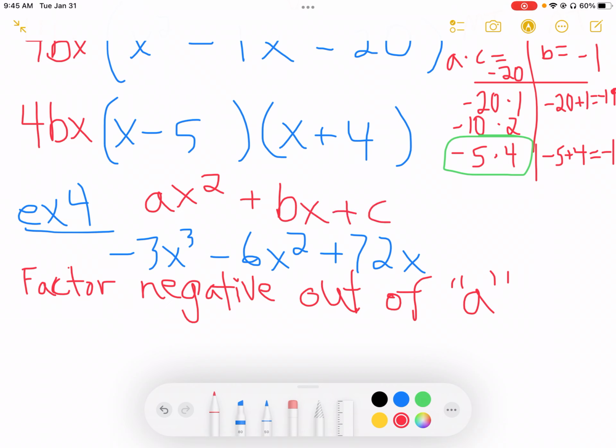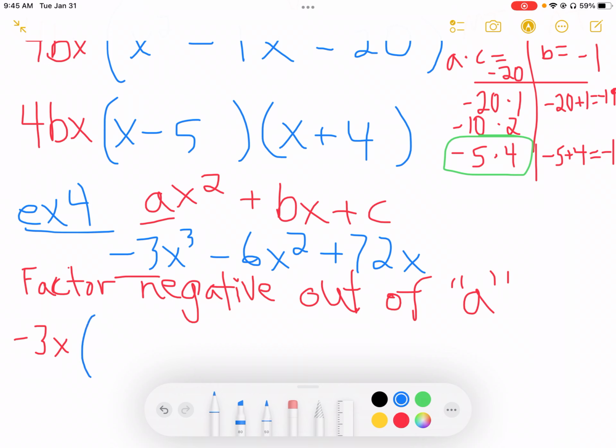So my A term here is right here, so you can see that it's my minus 3. So I'll just go ahead and say minus 3. And I don't want to stop there. I just want to think of them as separate pieces, and that'll help me. So minus 3, and then everything has an x, so I'll say minus 3x, and then I'll go ahead and factor it out.